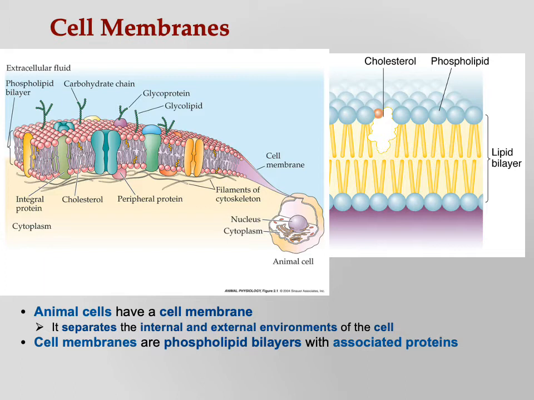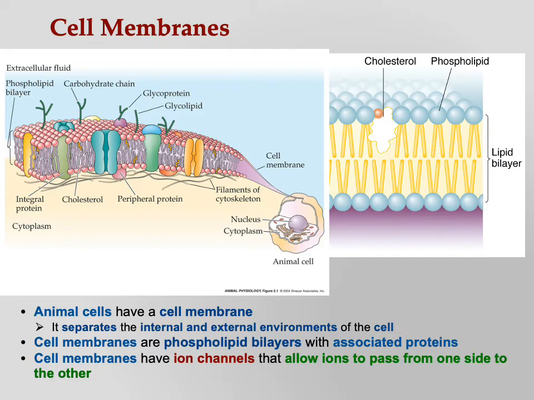It's happy to be in contact with water, so it faces the extracellular fluid, the water outside of the cell. And then the other phospholipid, the blue phosphate head, faces the intracellular fluid, the water inside the cell. The two sets of fatty acid tails face each other, and they create a very hydrophobic inner layer of the phospholipid bilayer. And that is what keeps water from getting in or from getting out, all right? That fatty boundary there.